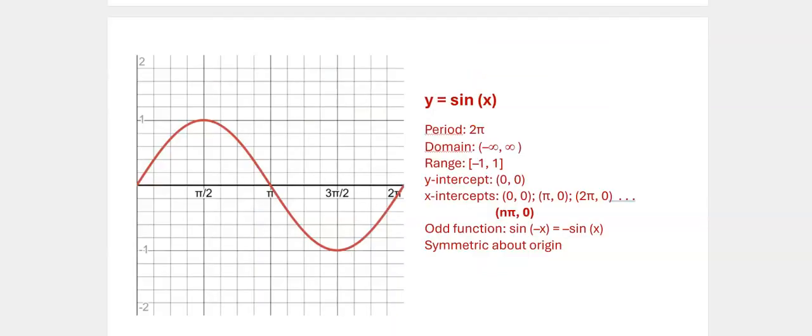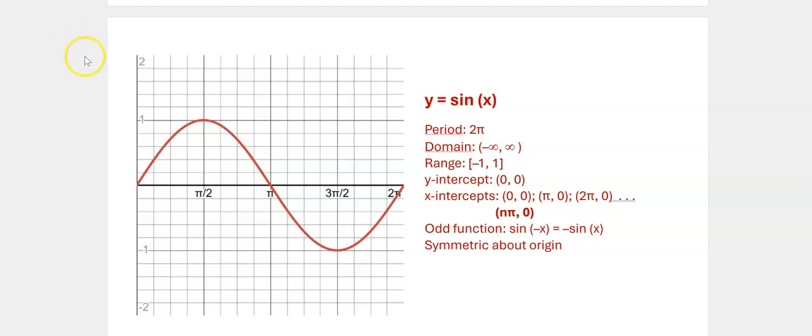So let's look a little bit closer at the graph of the sine function. We can see that its period goes from 0 over here to 2 pi. One period in the basic sine function goes from 0 to 2 pi, just like one circle goes from 0 to 2 pi on the unit circle.